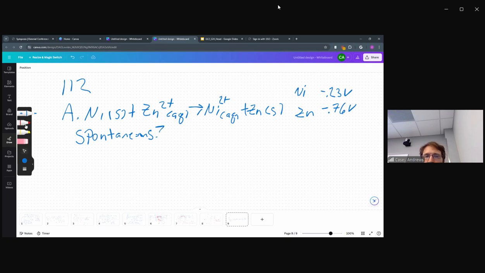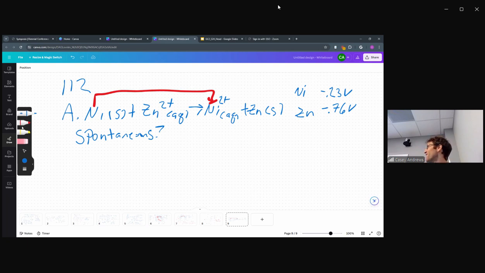All right, so we have to tie a couple pieces of information together. For this reaction, nickel went from a charge of 0 to a charge of +2. So if you go from a charge of 0 to +2, are you oxidized or are you reduced?